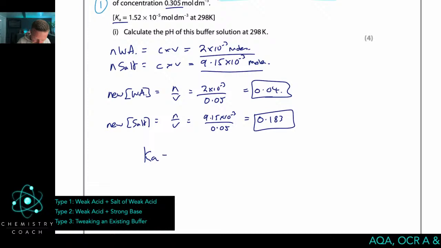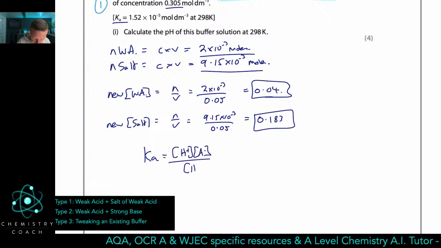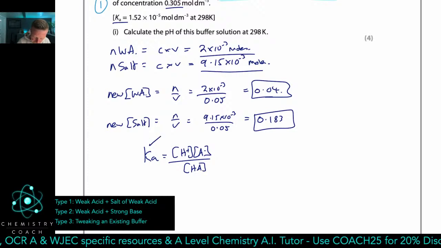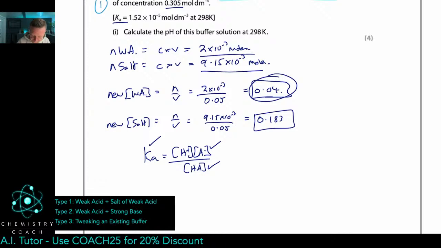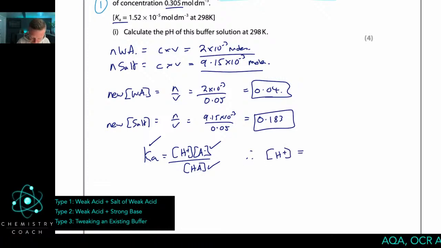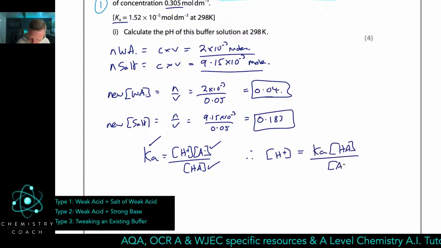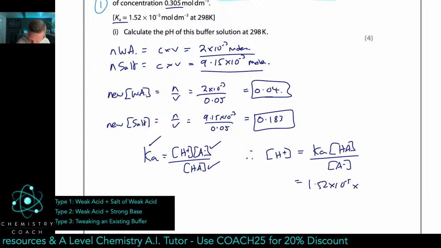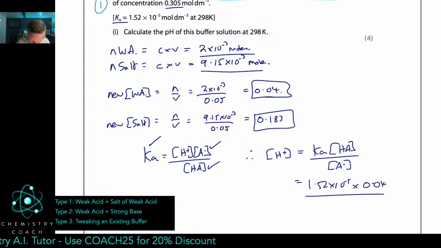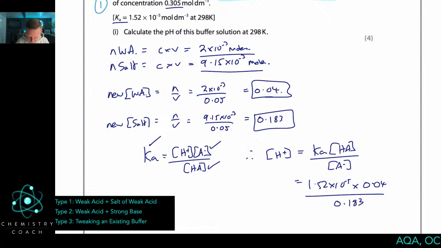So we know that Ka equals H plus A minus over HA. Well, we know Ka, we know A minus because that's our salt, and we know HA because that's there. So all we need to do is rearrange to find H plus. So that is Ka times HA over A minus. That is 1.52 times 10 to the minus 5 times 0.04 all over 0.183, which is our A minus.